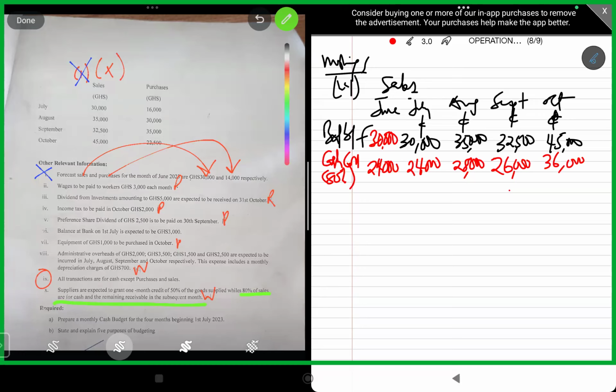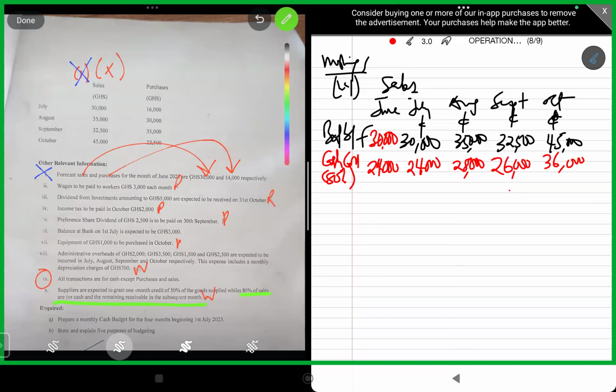Now go back to the X and read the further information. Suppliers are expected to grant 1 month credit of 50% of the goods supplied, whilst 80% of sales are for cash, and the remaining receivable in the subsequent month.